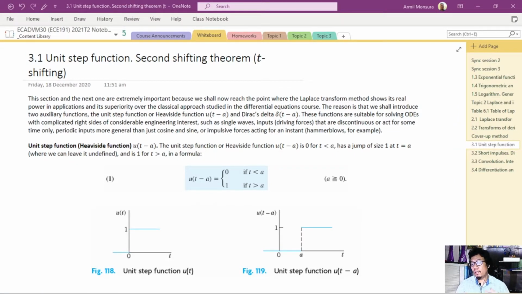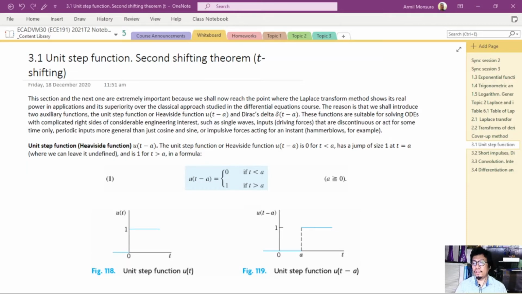So far, what we can only offer our systems as input signals, at least in theory, are signals that are known functions, like sinusoids, exponentials, or constant signals, that are convenient for us to mathematically describe and write.